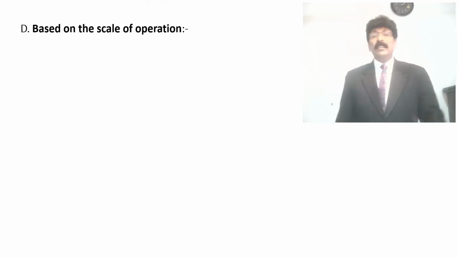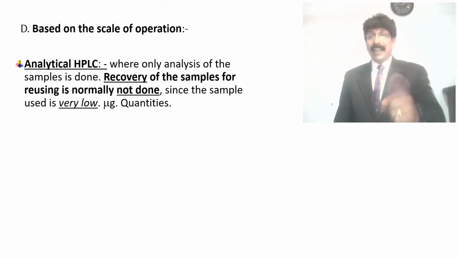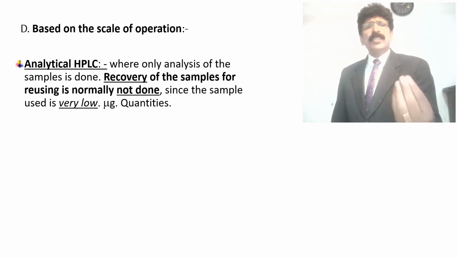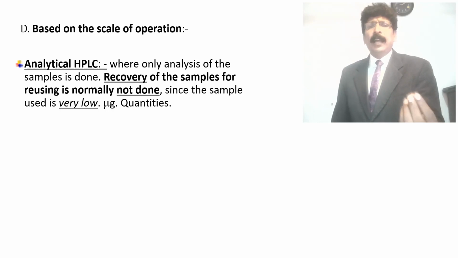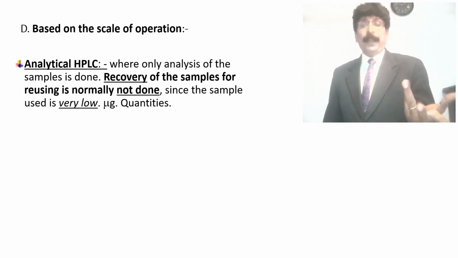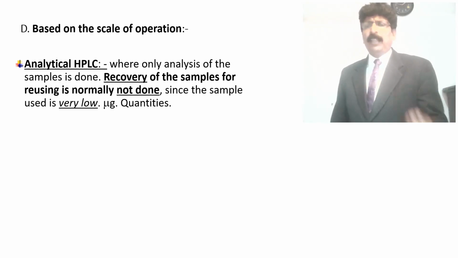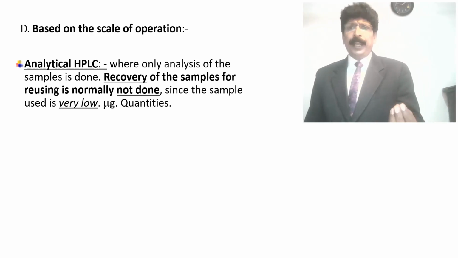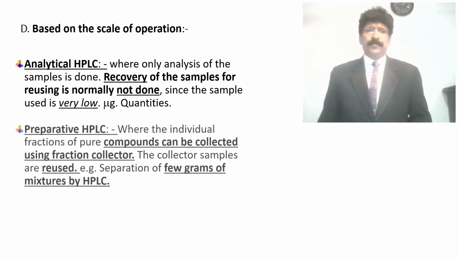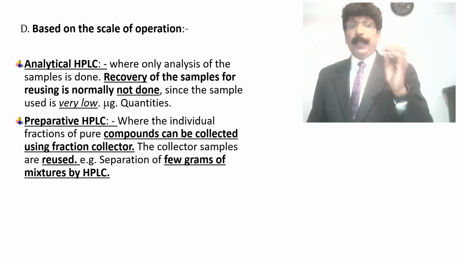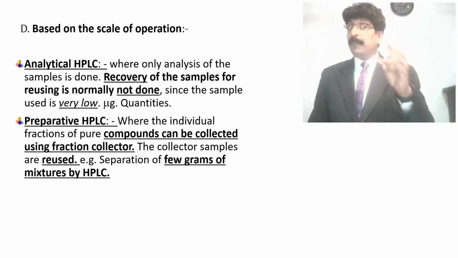Based on the scale of operation, analytical HPLC is where only analysis of the sample is done. Recovery of the sample cannot be done because of the very small quantity, in microgram quantities, so reuse is normally not done. Preparative HPLC is where the individual fractions of pure compound can be collected using the function of a collector.